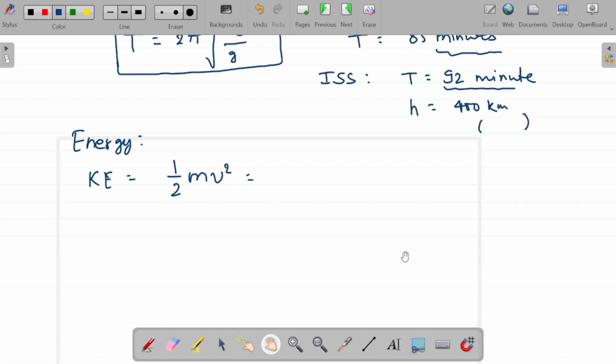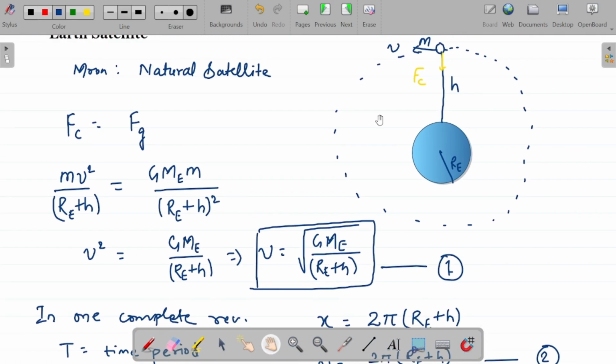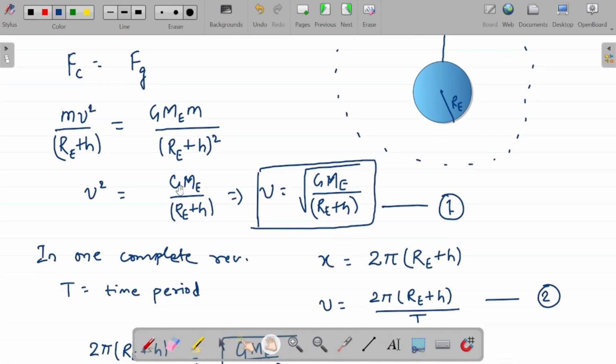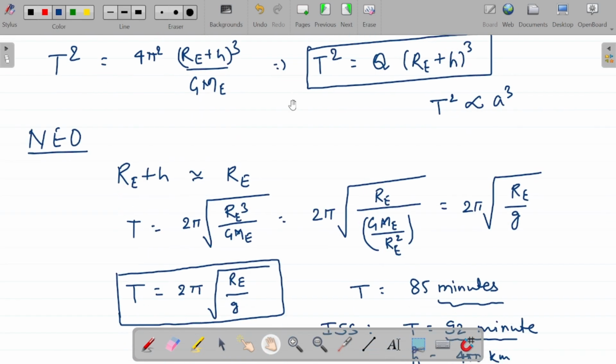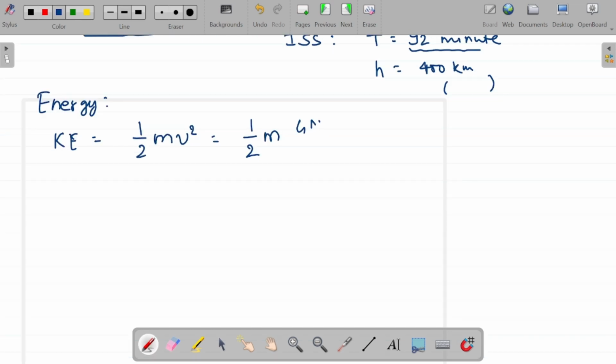We are discussing this case here, not the near one, but taking this h into consideration. So v² will be GMe/(Re+h). So here we have 1/2 m GMe/(Re+h).